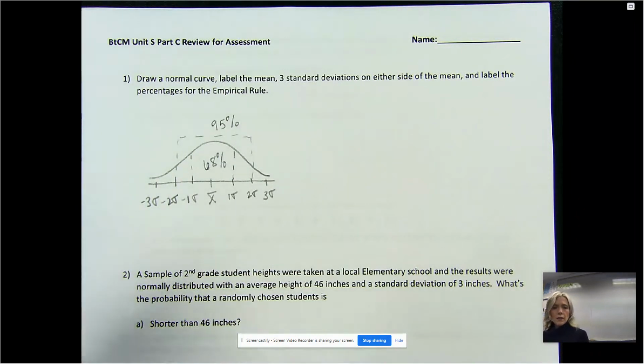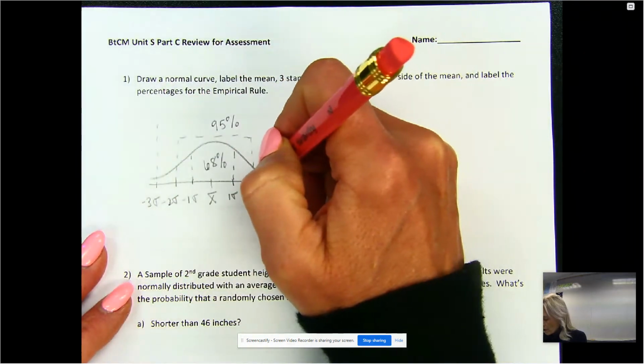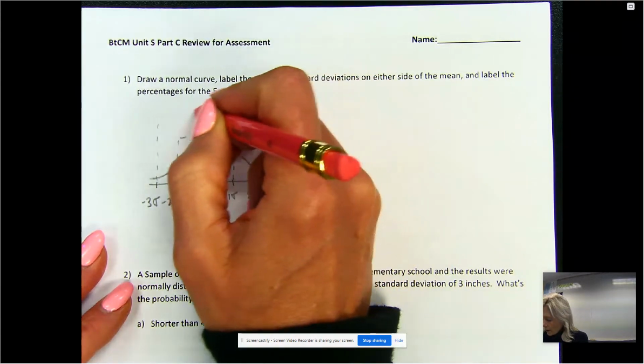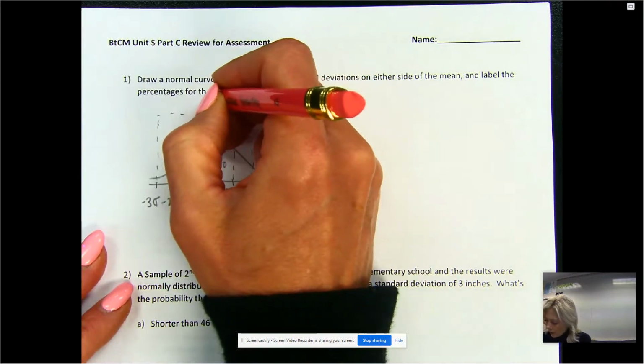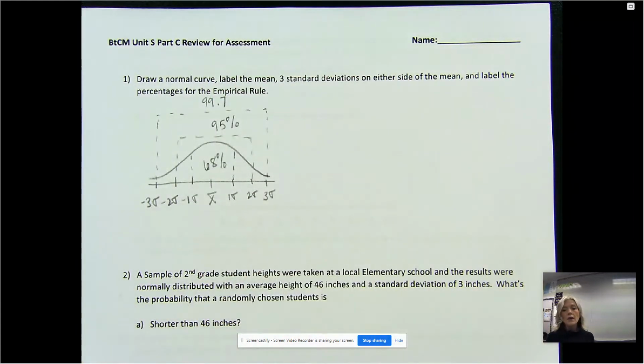And then finally, within 3 standard deviations of the mean, so -3 to +3 standard deviations, we find 99.7% of the data. So there's data outside that, but very, very little, because any set of data will have 100% in it, right?